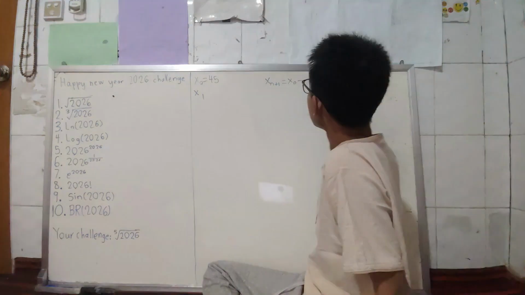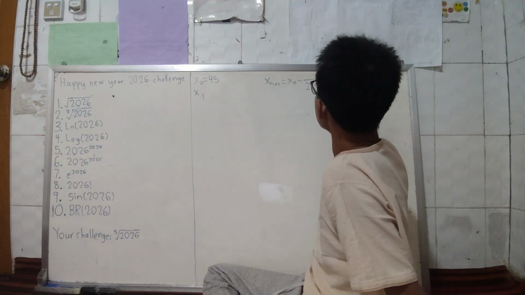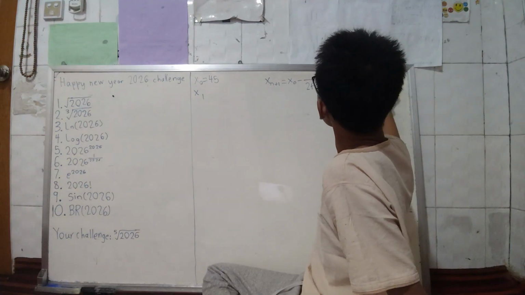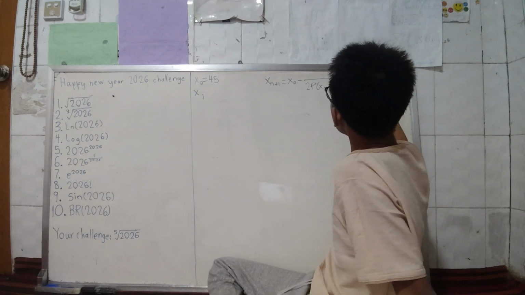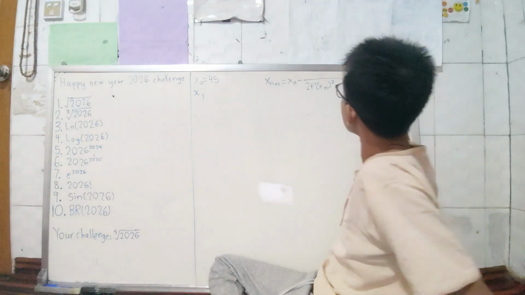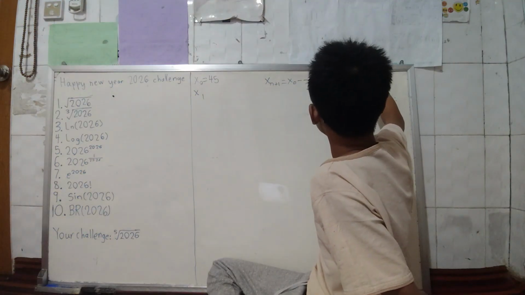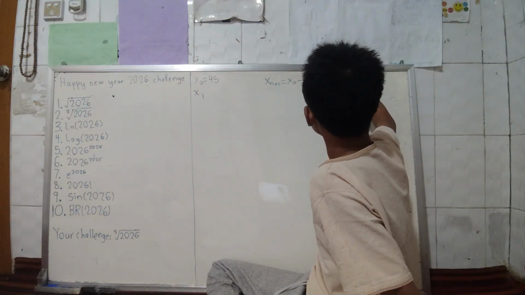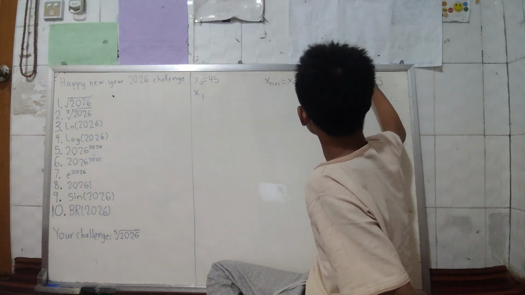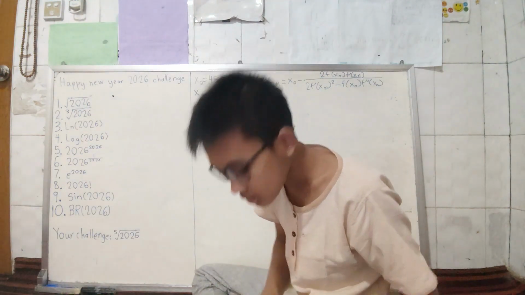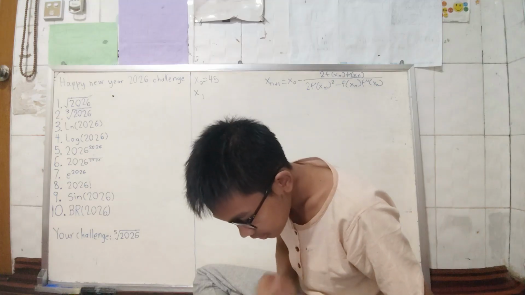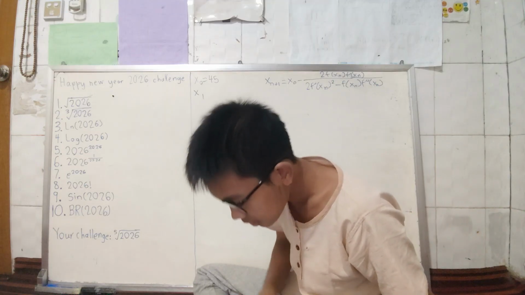The denominator is 2 times the derivative of f squared minus f of x times the second derivative of f of x, and the numerator is 2 times f of x times the derivative of f of x. Let me check it in my notebook real quick. Yeah, it's correct.